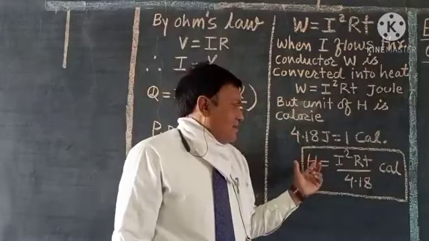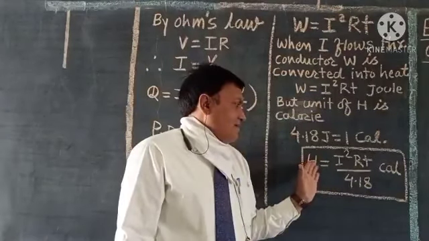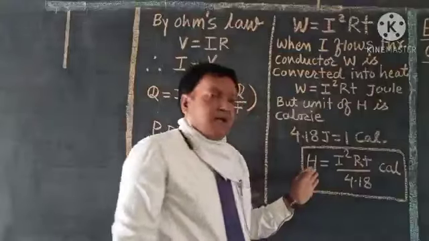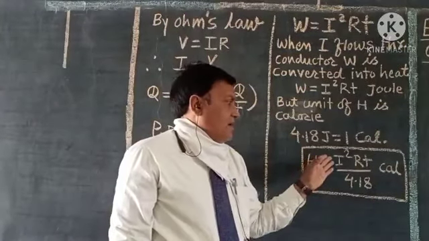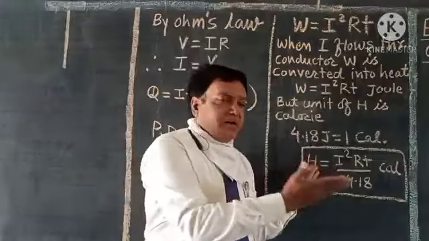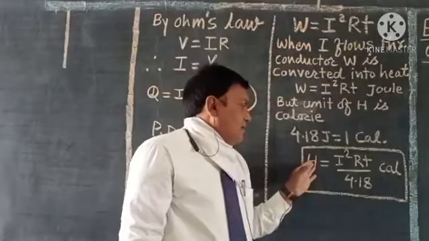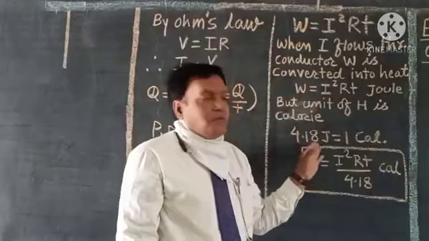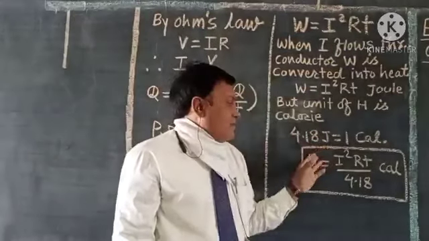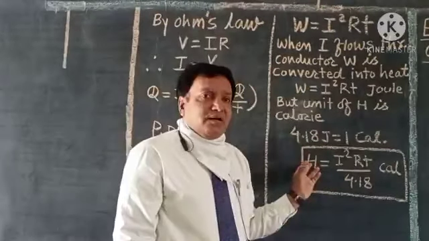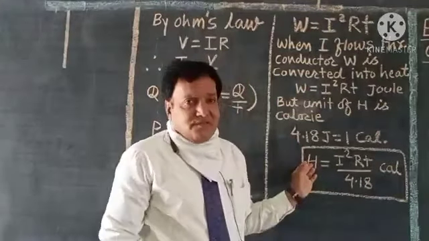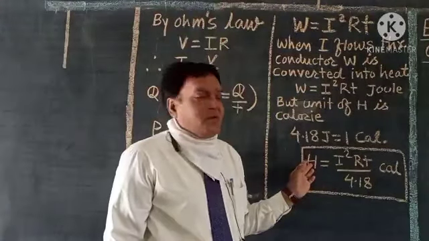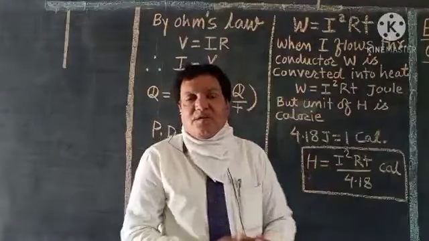This is the LHS side, this is the RHS side. The quantity on the RHS side in the numerator is directly proportional to the quantity on the LHS side, and the quantity 4.18 in the denominator is inversely proportional.